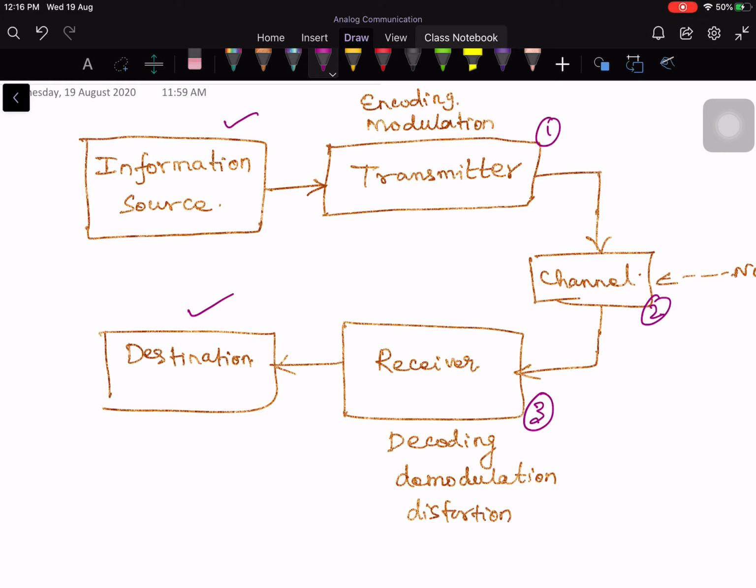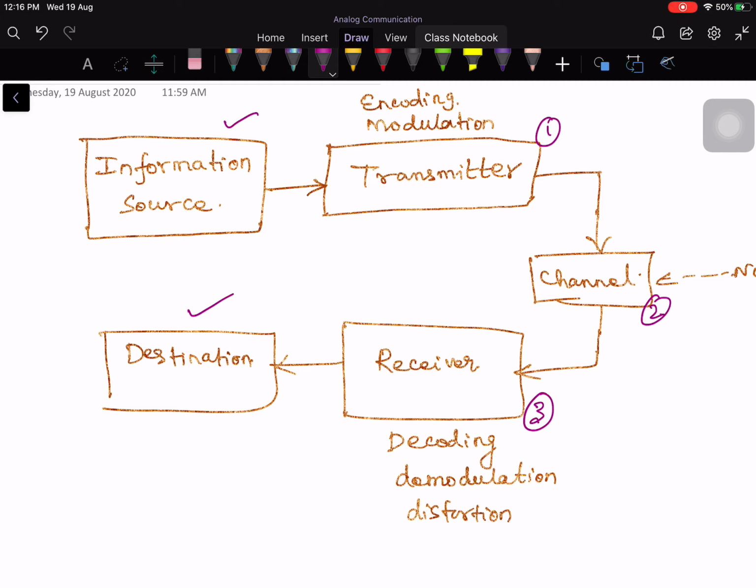Our main purpose is to transfer the information from one place to the other. Suppose an engineer who designs and manufactures a mobile phone least bothers whether it is sold to India or Pakistan or some other country. So we don't bother about the information source and the receiver. The communication in electrical form takes place mainly in these 3 blocks.